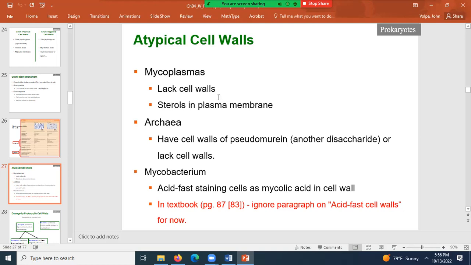And how do you think the mycoplasma stain? Is it gram-positive or gram-negative? Nobody's taking a guess. They lack a cell wall, so they stain as gram-negative.